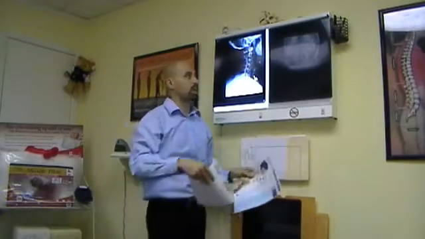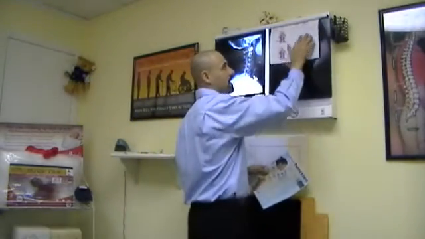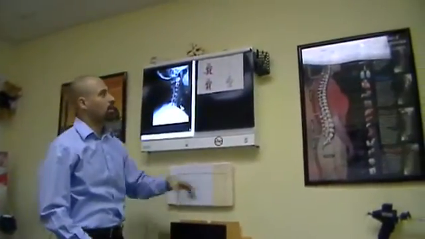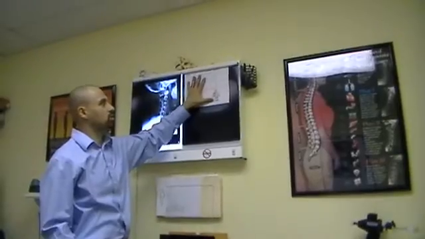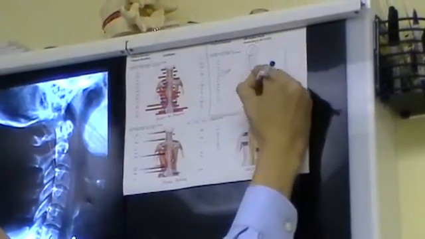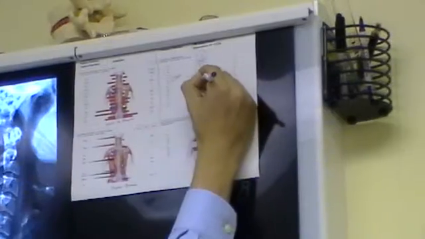Lack of control. And what controls everything in the human body? The nervous system. That is why we took the time out at your last visit to actually go in and test your body's actual nerve function, okay? Now, up here in the top right, this shows clear. What that means is, if we were to draw in your nervous system, which is simple, it's your brain, spinal cord, and off the cord come all these beautiful nerves.